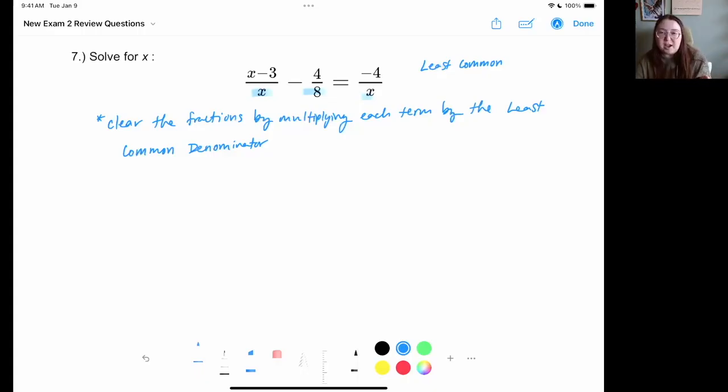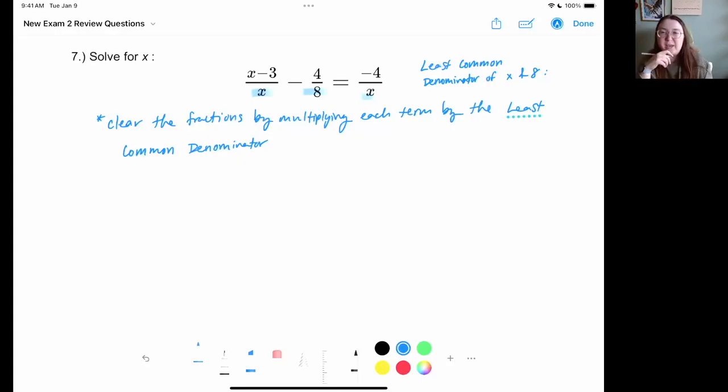But when you do have a fractional setup like this, it is the least common denominator. So least common denominator of x and 8 is really just going to be x8, or x times 8.